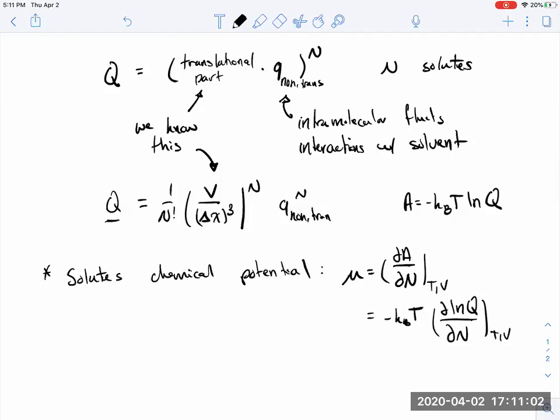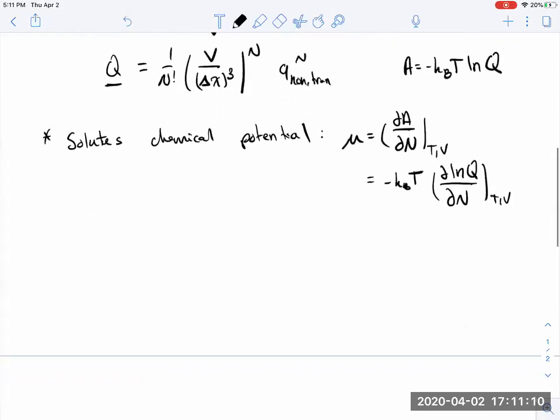So the fact that we have solved for the partition function lets us immediately derive the chemical potential for those solutes. So let's do that. The chemical potential is equal to minus kBT d/dn. And now let's write out the log of the partition function. So we have log of 1 over n factorial.